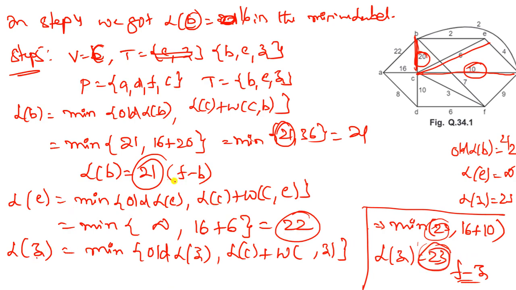So among 21, 22, 23, the smallest minimum label is LB. So in this particular step, in step 5, what do we write? We got LB is equal to 21 as the minimum label.